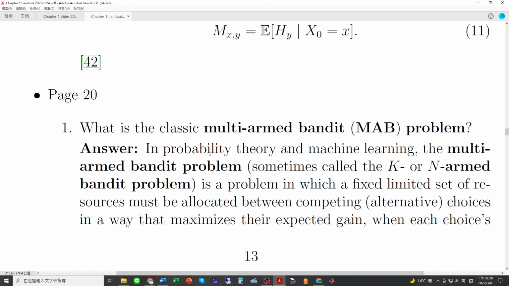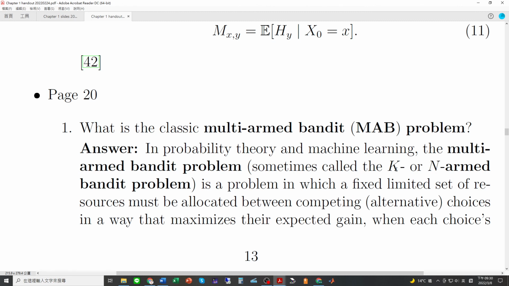In probability theory and machine learning, the multi-armed bandit problem, sometimes called the capital K or capital N armed bandit problem, is a problem in which a fixed limited set of resources must be allocated between competing alternative choices in a way that maximizes their expected gain.